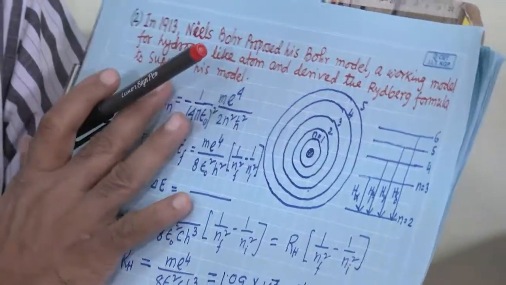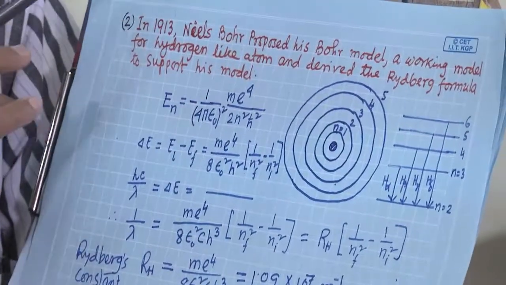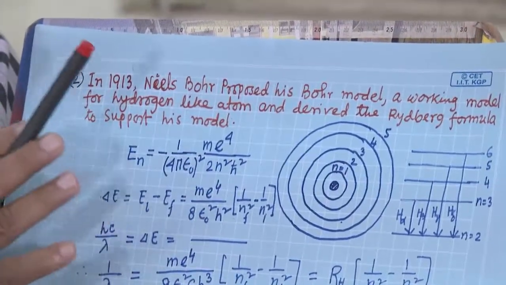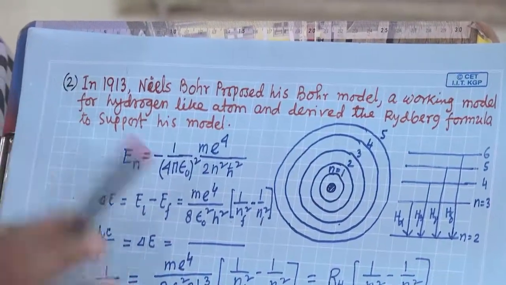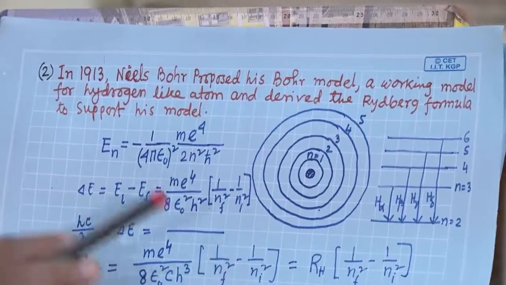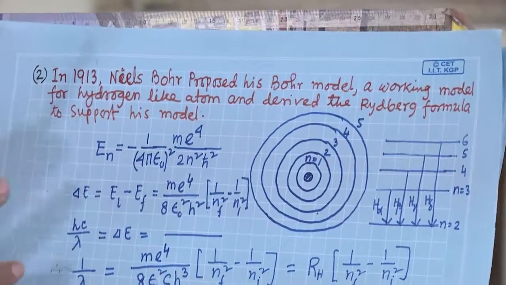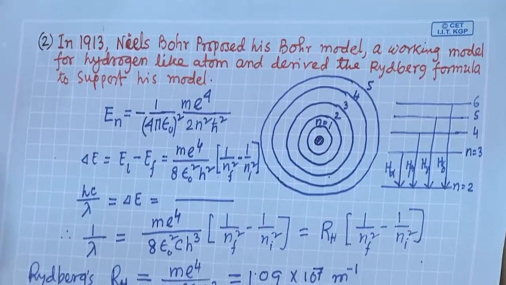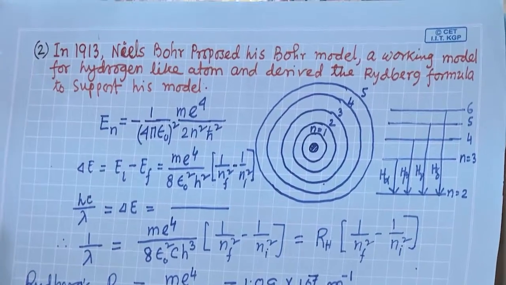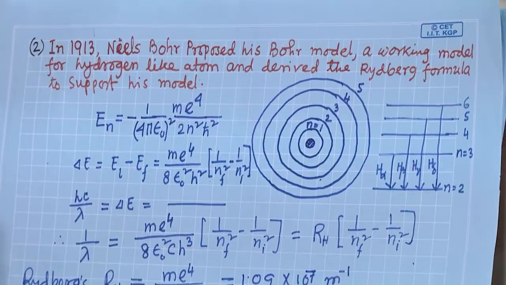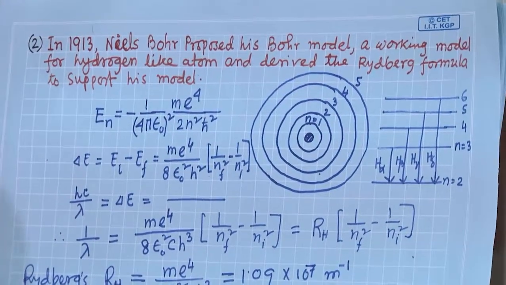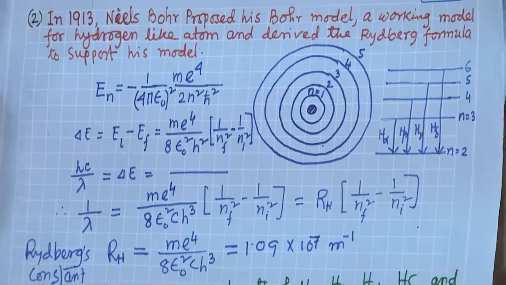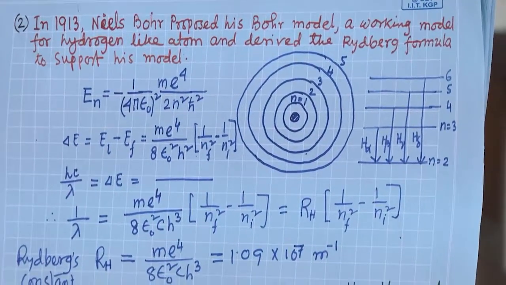Anyway, in 1913 that was the proposal of Bohr, which we call the Bohr model, and its main important assumption was that the energy is quantized. An electron cannot take any energy, it can take only particular energies. That is the discreteness of energy levels.